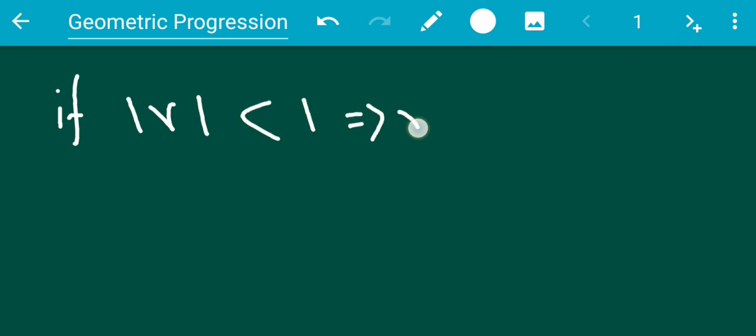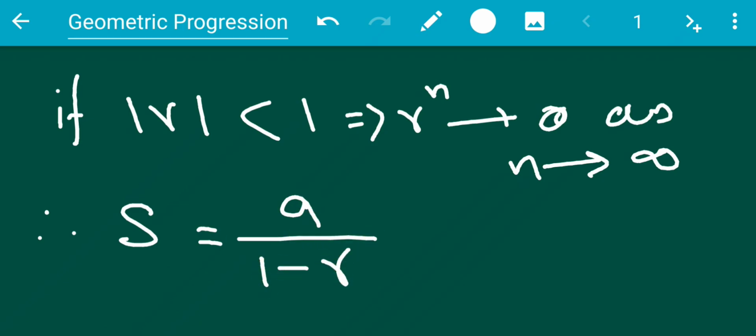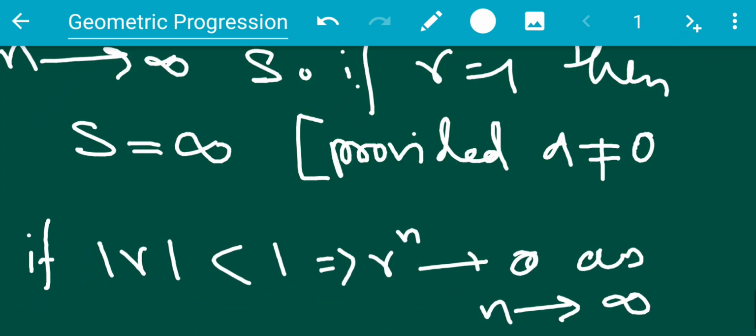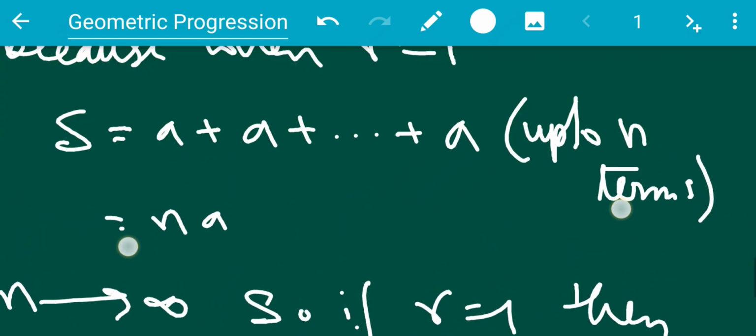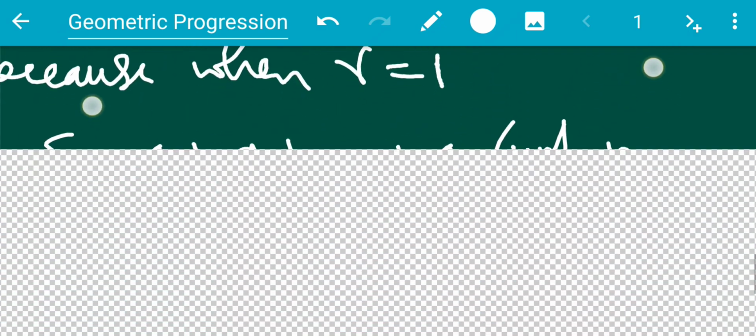This implies r to the power n tends to 0 as n tends to infinity. Therefore S becomes a divided by 1 minus r. Okay, the r to the power n quantity tends to 0 in the summation, and so we have a by 1 minus r.